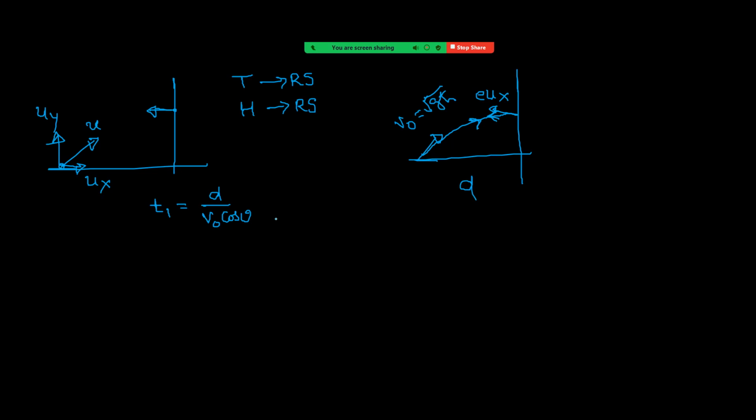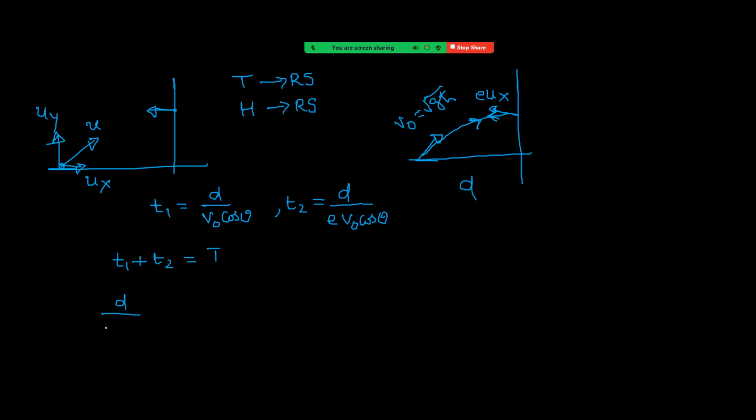Now t2 to come back, displacement is same, d only. It is now e times v naught cos theta. Now see what we can do here. Sum of these two must be equal to time of flight. Writing condition t1 plus t2 equal to time of flight.